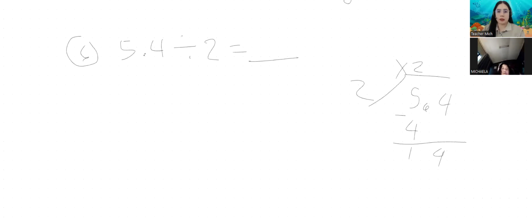You can do the skip counting. 2, 4, 6, 8, 10, 12, 14. So what's the number? 14 divided by 2 is equal to?